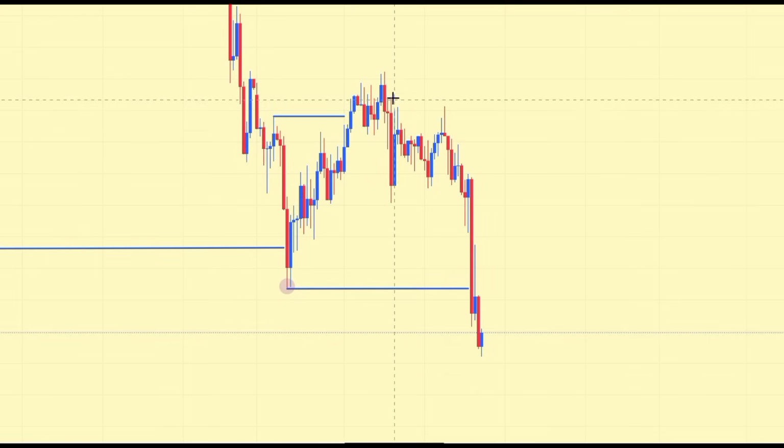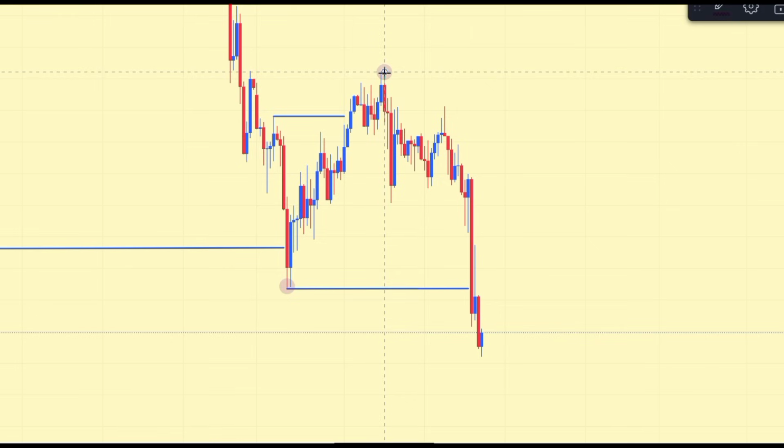Once an inducement is taken out, either minor or major, this one here will be a confirmed swing point, and if price reverses and breaks past that, then that's a confirmed valid break of structure. So this means that we are currently in a new trading range.